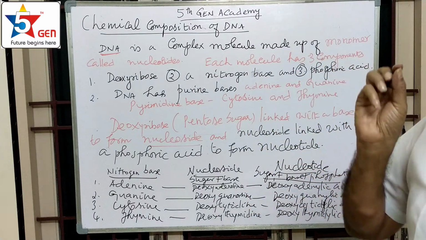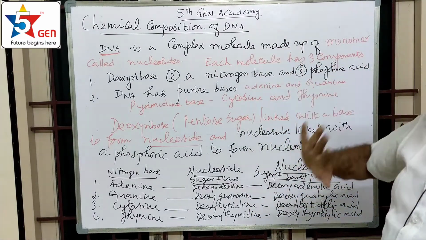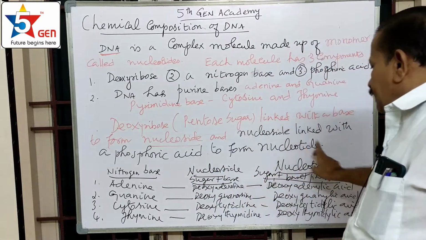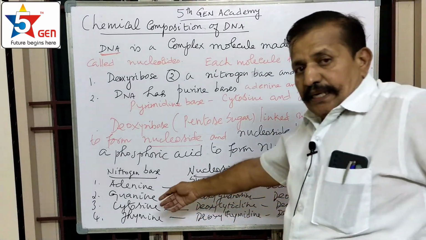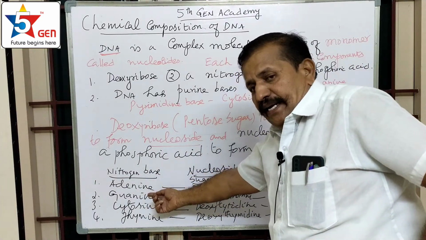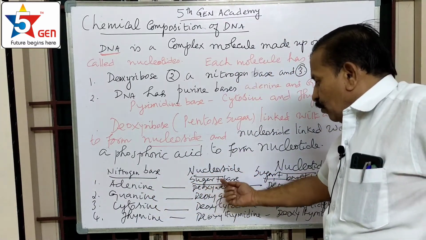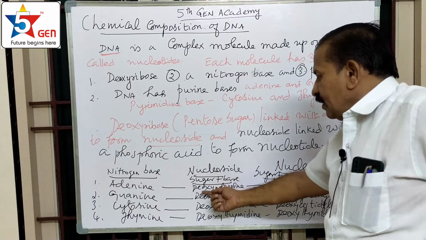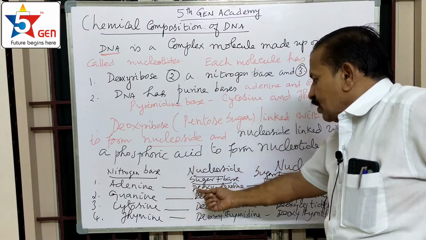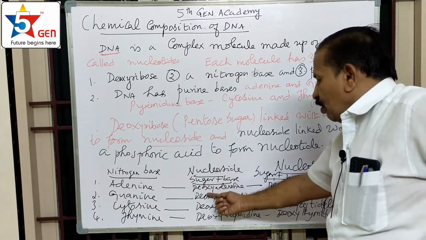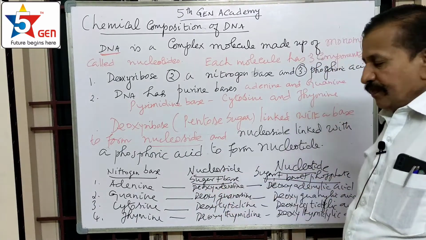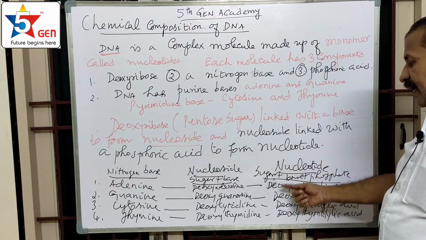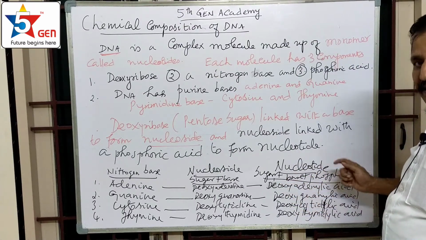Please understand the importance of the chemical composition of DNA. Now we can see nitrogen base, then nucleoside, then nucleotide. For the nitrogen base adenine, when one base and one sugar are added, we call it a nucleoside, deoxyadenosine. When it is linked with phosphoric acid, we call it deoxyadenylic acid.